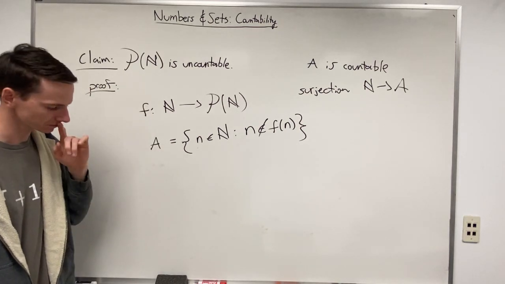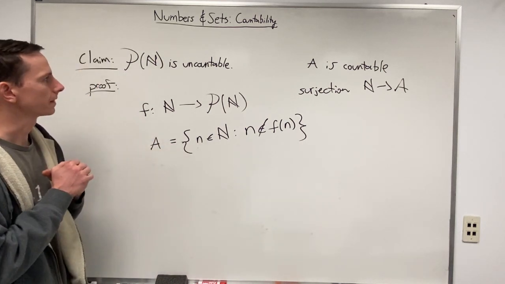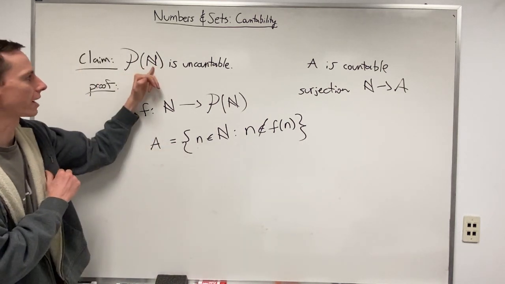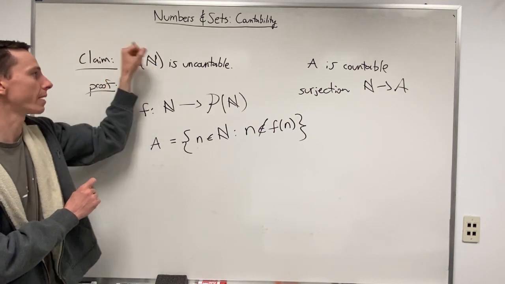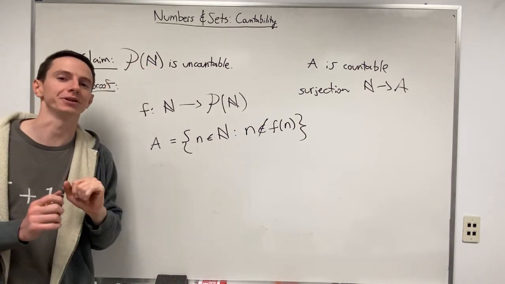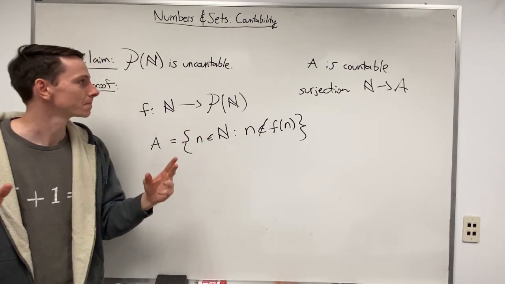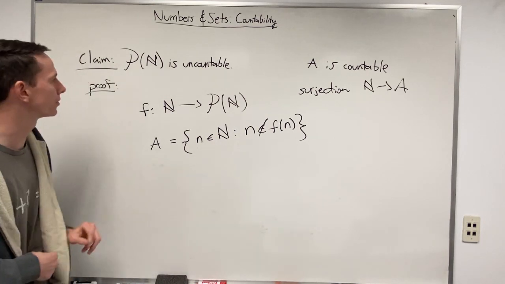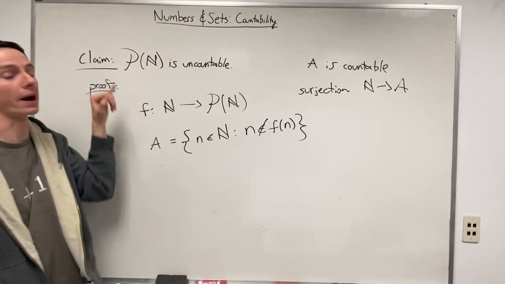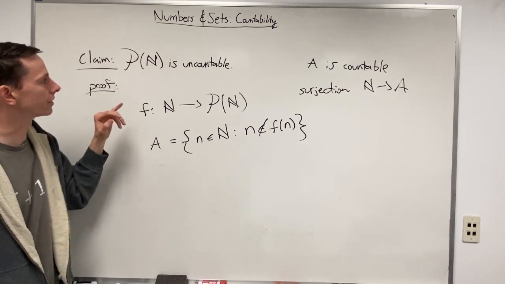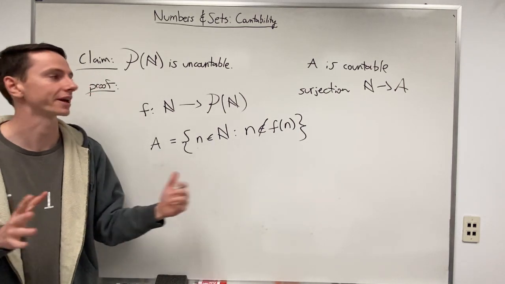Okay. Now, I want to just say one more thing, and notice that if we start with a countably infinite set, when we take the power set of the countably infinite set, we get an uncountably infinite set. So the general property of what's going on there is if we start with an infinite set and take its power set, then we get a larger set, because an uncountably infinite set is larger than a countably infinite set.